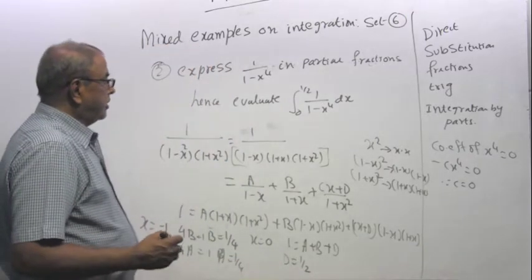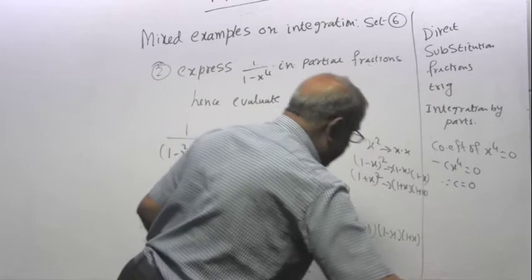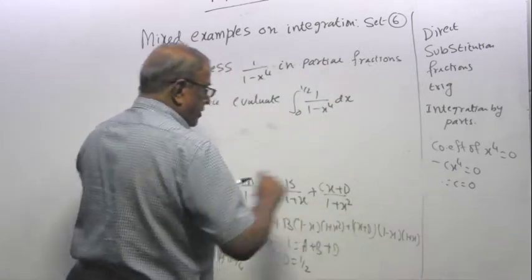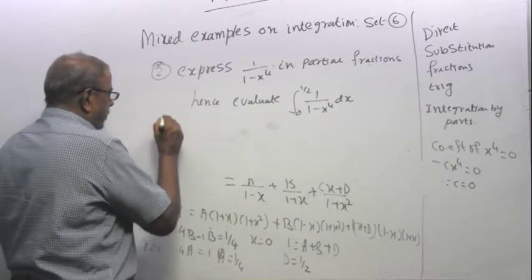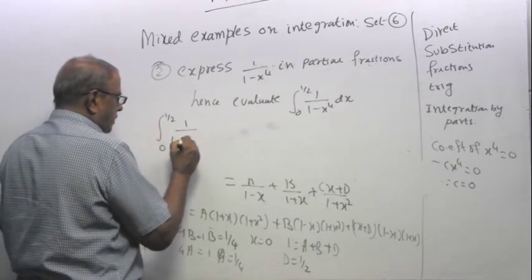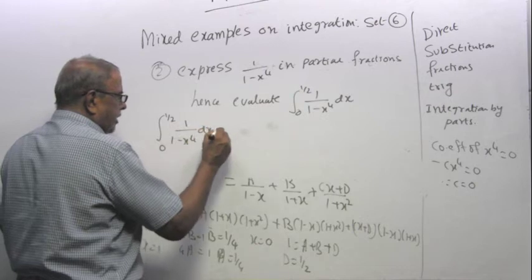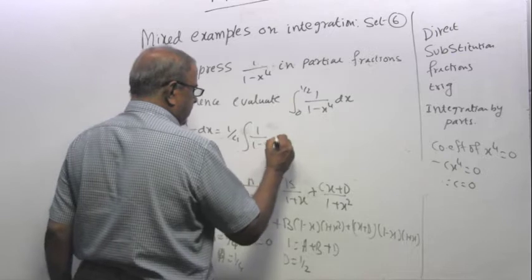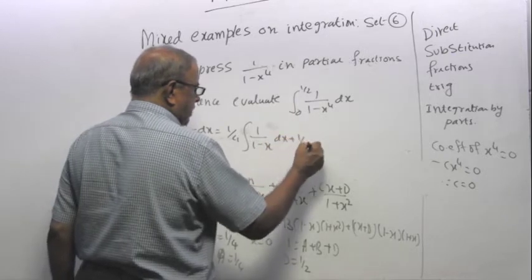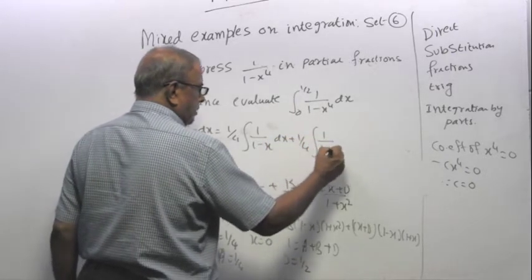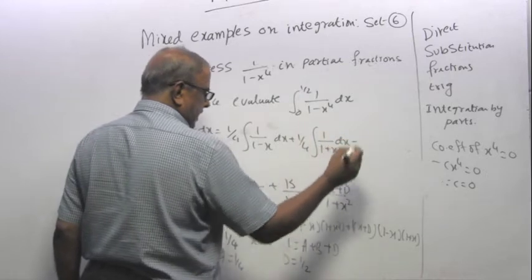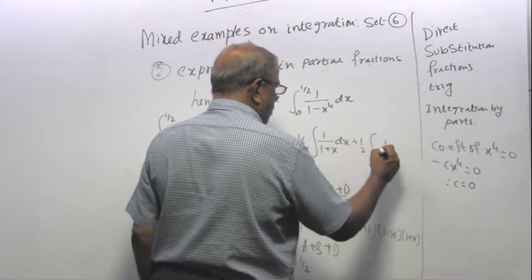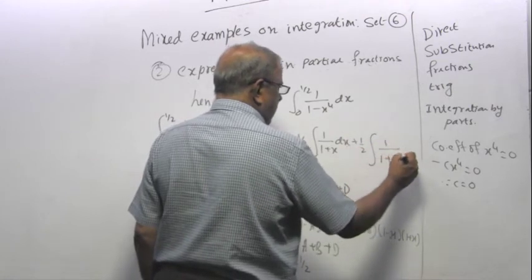So therefore the partial fractions now become, if I can write it here, integral 0 to half of 1 over 1 minus x power 4 dx equal to quarter integral 1 over 1 minus x dx plus quarter integral 1 over 1 plus x dx, minus c is 0, d is half, plus half integral 1 over 1 plus x squared dx.